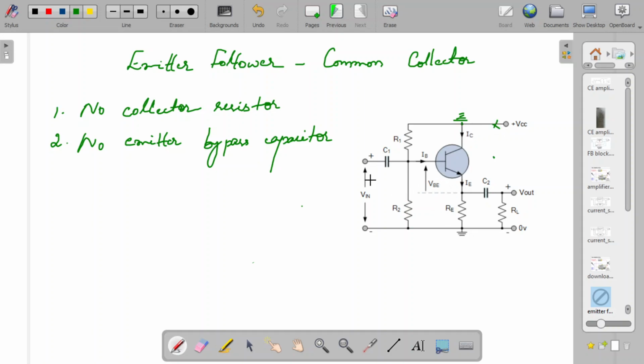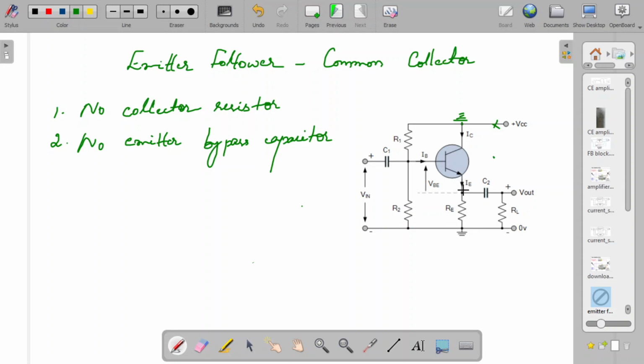Now we can see that the input is provided at the base. The input signal goes to the base, and then the output is taken from the emitter. So the output is taken from this point using a coupling capacitor, and the voltage across RL is actually the output voltage.